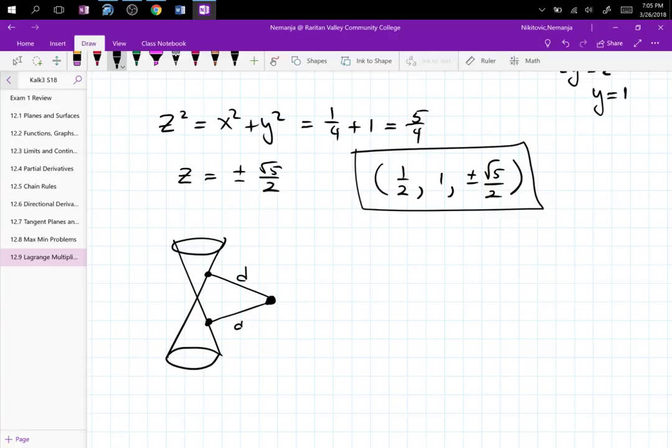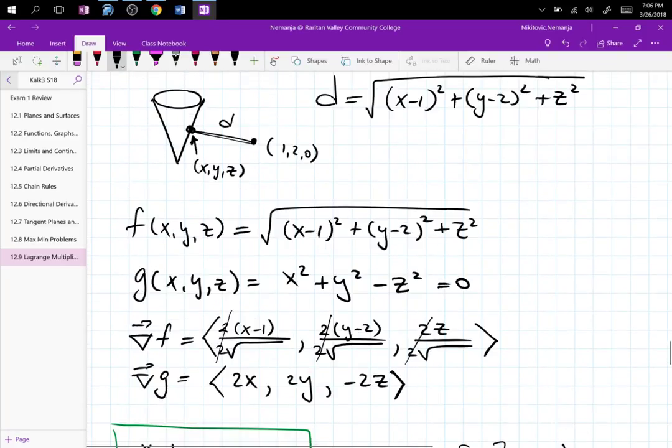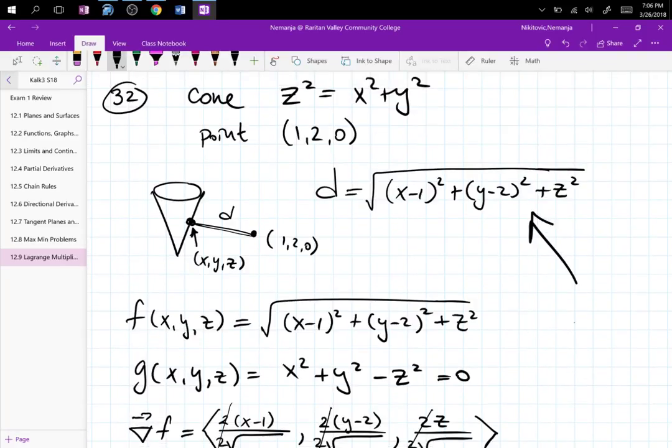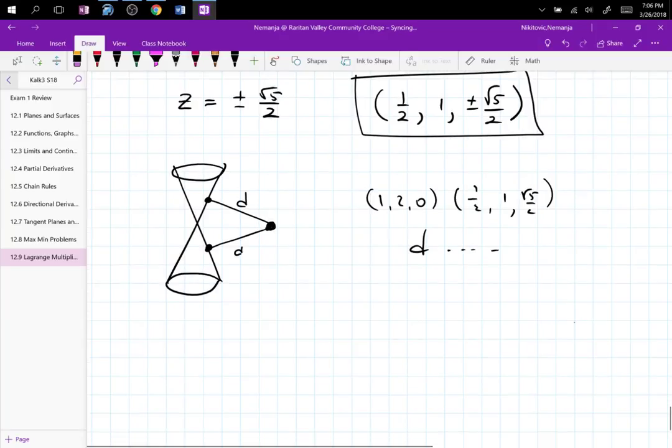So you have 1, 2, 0, and you have 1/2, 1 and root 5 over 2, and now you crank the d to get the distance. You have the equation for d right here. You just need to plug those values in, x, y, and z, so 1/2 and then 1, and then 5/4 to compute. We're done with this section anyway.